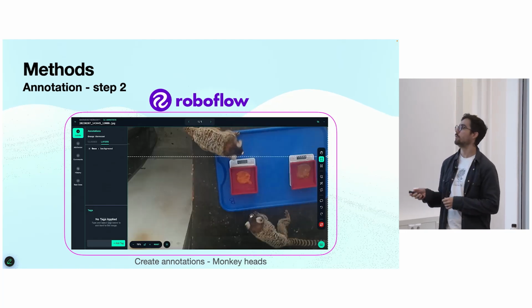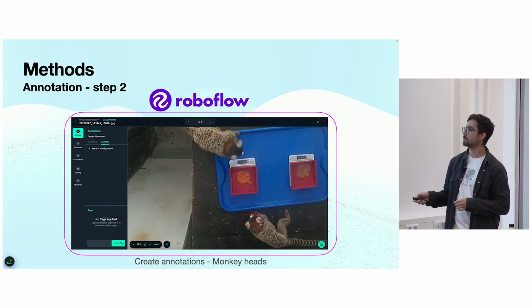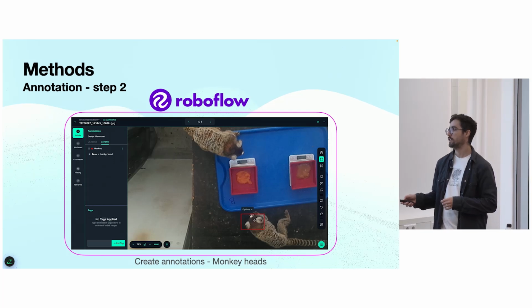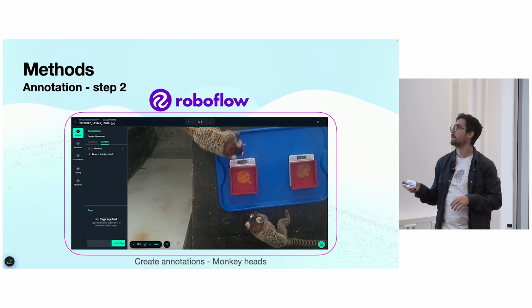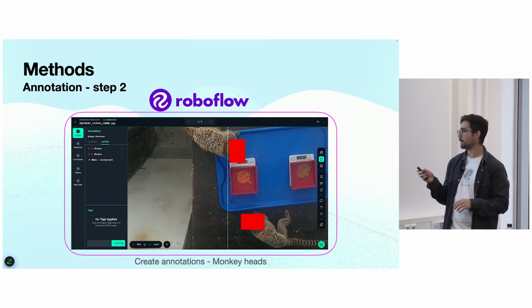So after I upload the frames here, I start to make some bounding boxes around the marmoset's head. And my only concern here is to make sure that the 2 ears and the white face patch are inside this bounding box, okay?